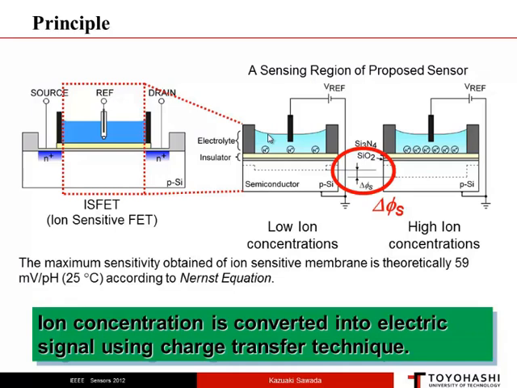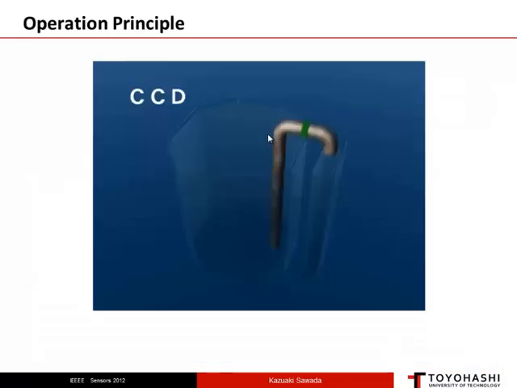The maximum change of the potential in the sensing region is 59 millivolts per pH. So it is a little bit hard to catch these small potential changes.